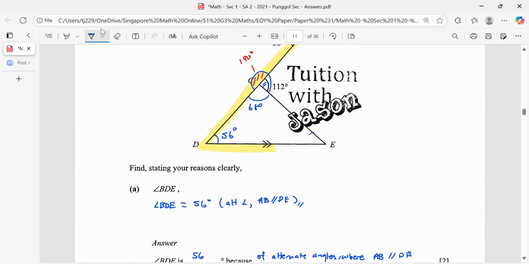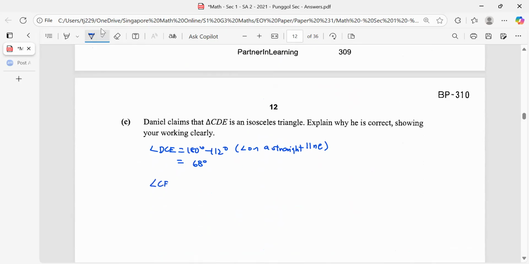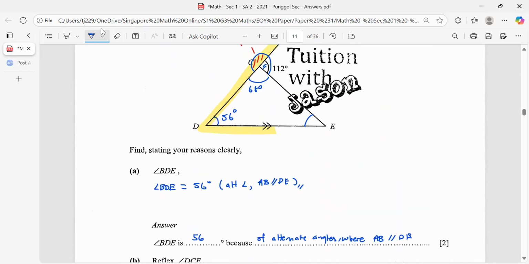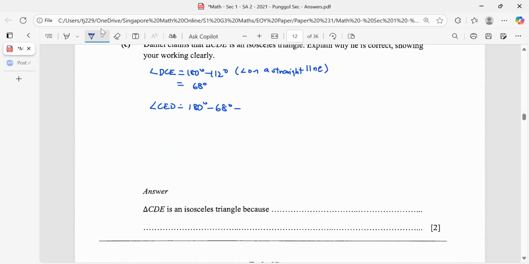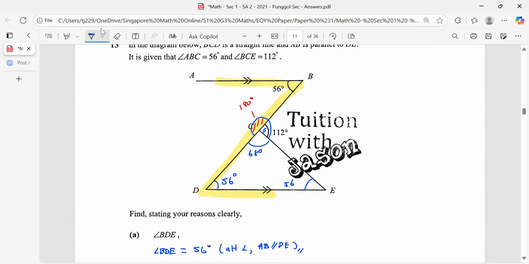And let's also find out the angle CED. 180 minus 68 minus 56, sum of angles in a triangle. End up with 56. So this missing angle is 56 degrees.